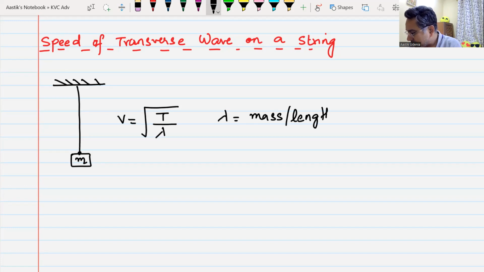Remember, the speed of a wave in a medium does not depend on frequency, does not depend on other things. It only depends on the medium itself. So in the case of string, it is equal to root of T by lambda. Do we understand this? Yes, sir, or no?